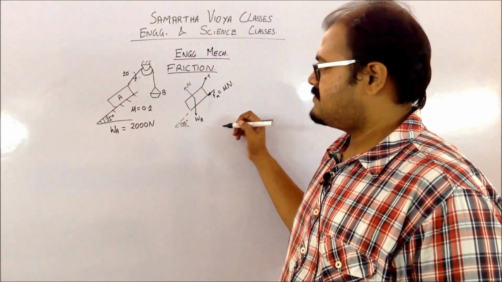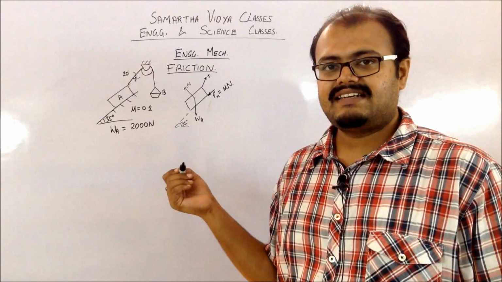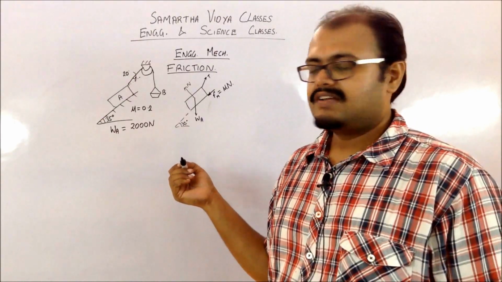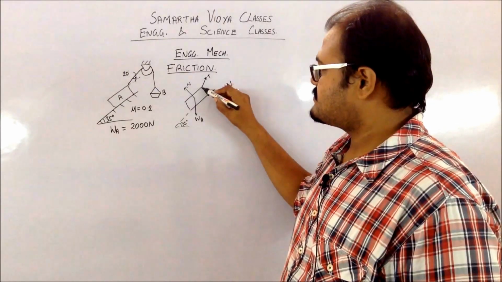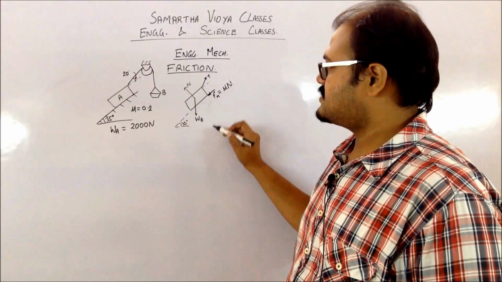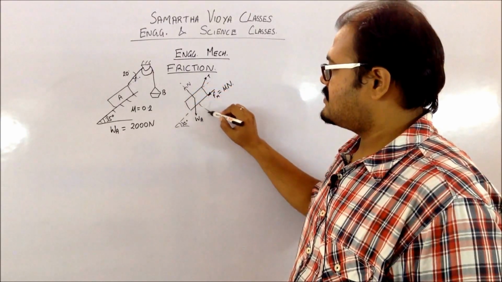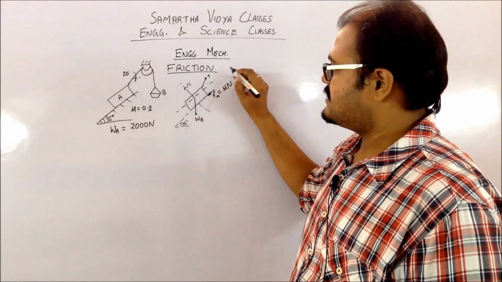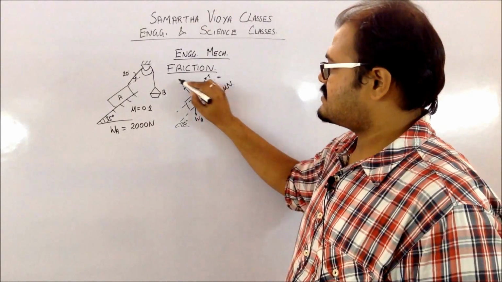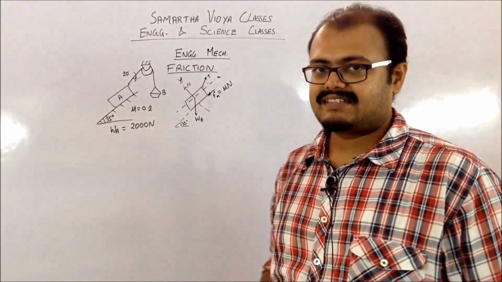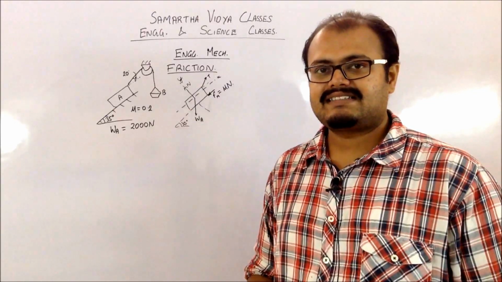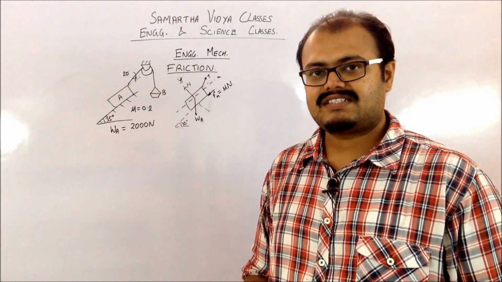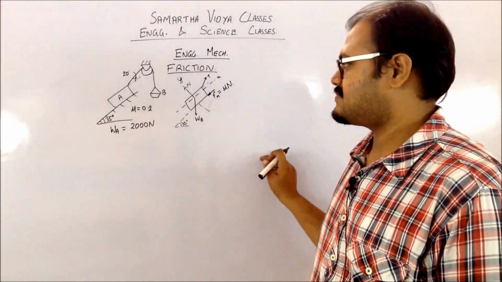So for equilibrium, we are going to consider the x and y coordinate system. What you can see is that most of the forces are lying on this particular axis. So we will be considering this as my x axis, this as my y axis. Considering this axis helps me to write the equation in that coordinate system.